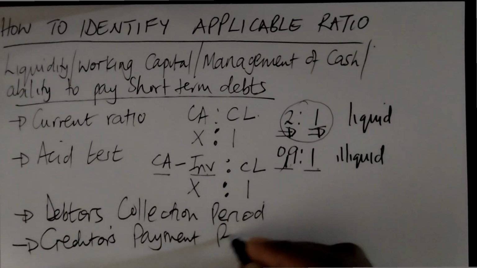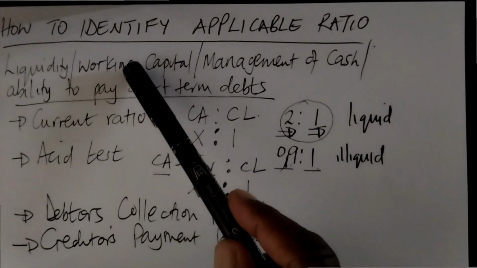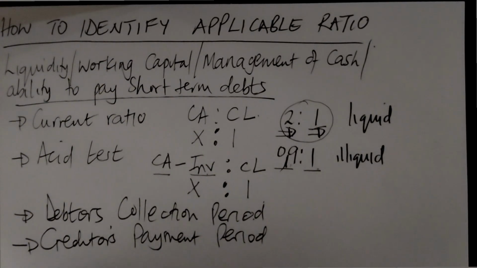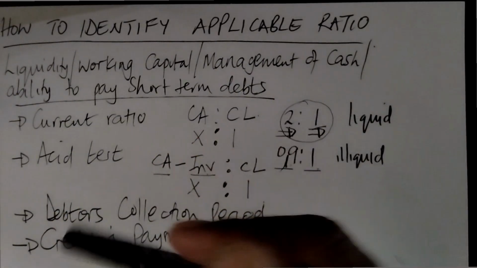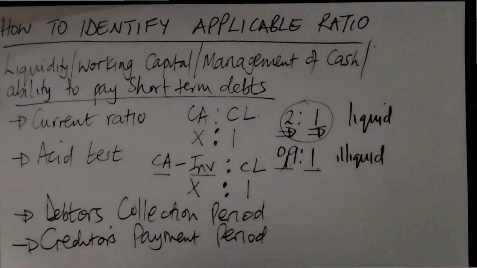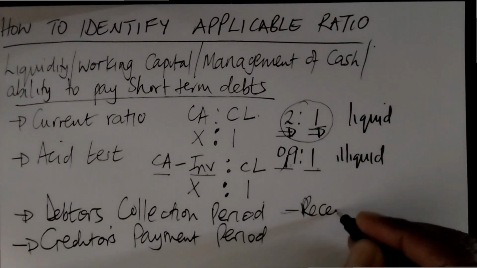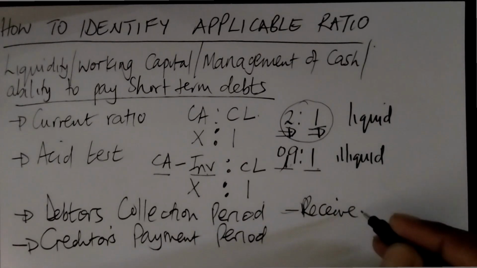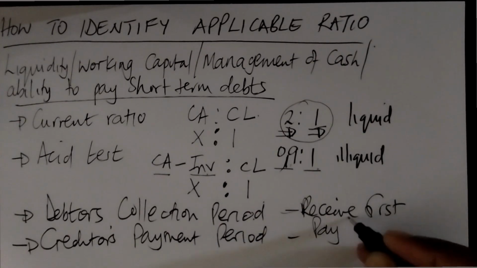So you need to understand that debtors collection and creditors payment, they are part of liquidity, because when you're talking of working capital, you're normally referring to your current assets, that is your trading stock, your inventory, your debtors and your creditors. So what are we saying? The ideal scenario is that your debtors must pay first. You must receive first before then you pay later.